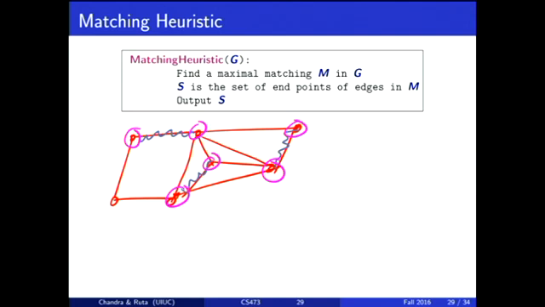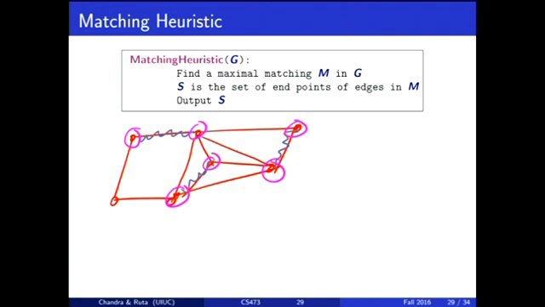So, is this a vertex cover? Why is it always going to be a vertex cover? I want to argue that this algorithm will output a set which is a vertex cover. Suppose not. What does it mean that it's not a vertex cover? There is some edge which is not covered.